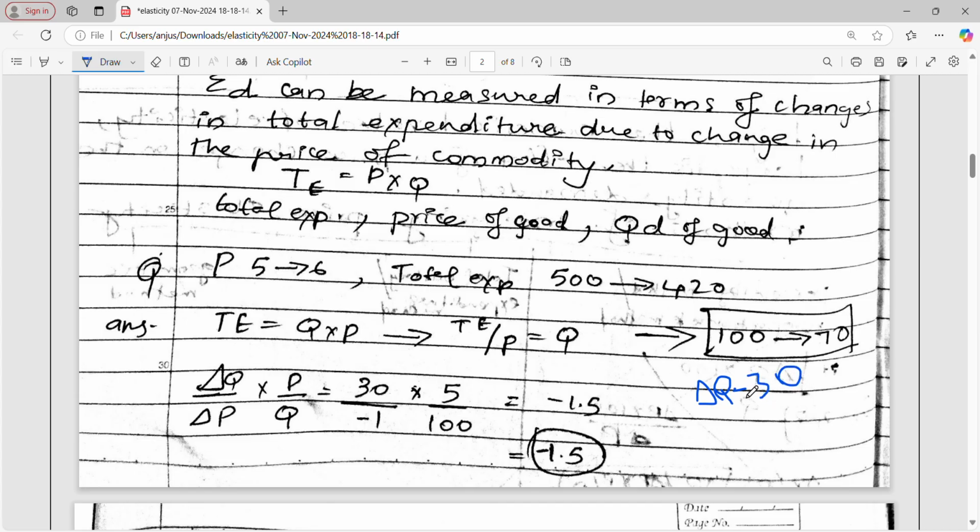Right, 100 minus 70 is 30. And the change in P is minus 1. Then the price is 5, then 100. So we have minus 1.5.